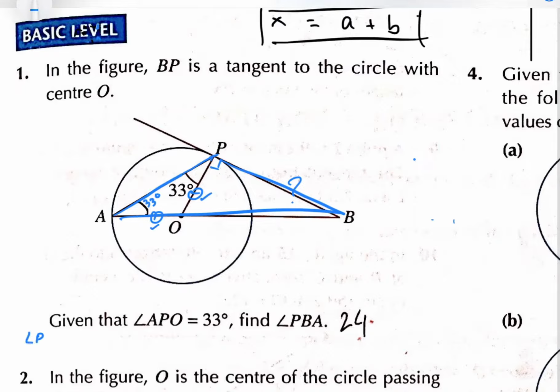The measure of angle PBA is equal to 180 minus 33, minus 33, and minus 90, which is equal to 24 degrees. Okay, 180 minus 33 minus 33 minus 90 is 24.